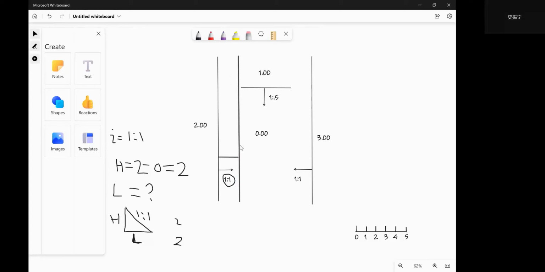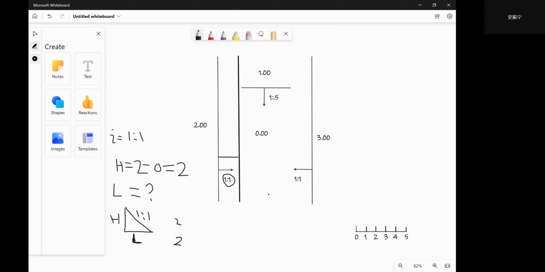Okay, with the same procedure, this elevation is 3, and this one is 0. So the difference is 3, and the slope is also 1 to 1. Okay, and so in this way we can get this line. The same with this one.